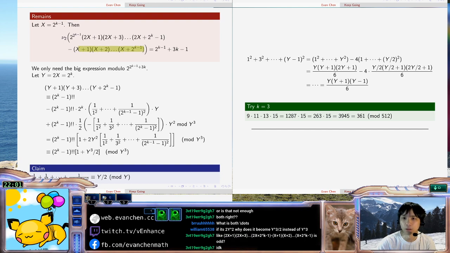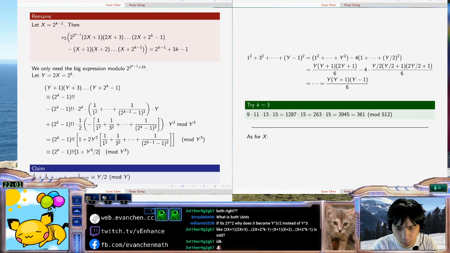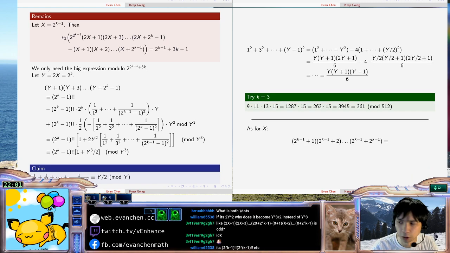This should be reasonable. So yeah, I'm hoping that I should just get the same double factorial. Actually, no, this doesn't look very reasonable. This is 2 to the k. I need a lot of 2's out of here.